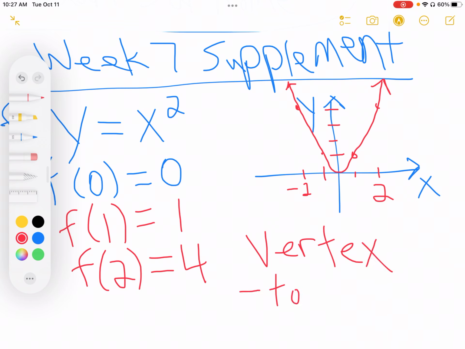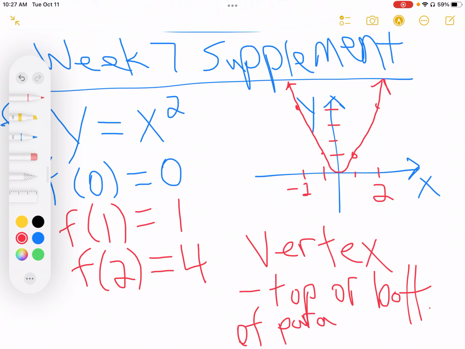So for this example, y equals x squared, our parabola's bottom is just equal to 0, 0, where the 0, 0 refers to the x value and the y value.